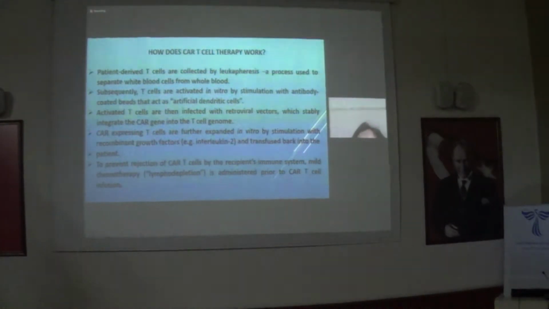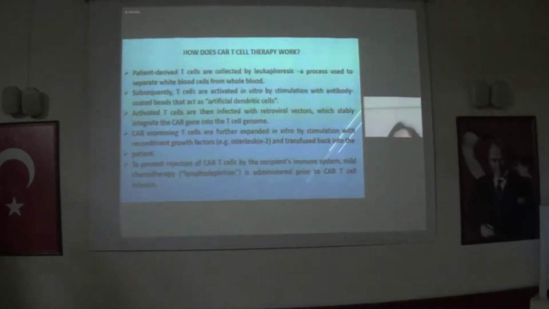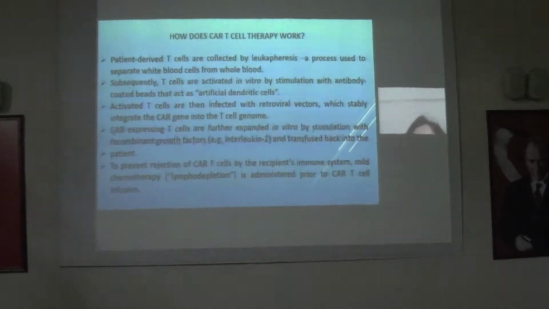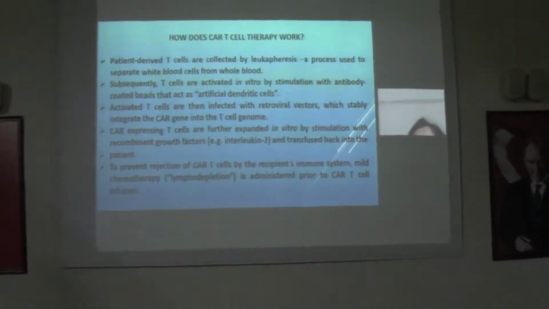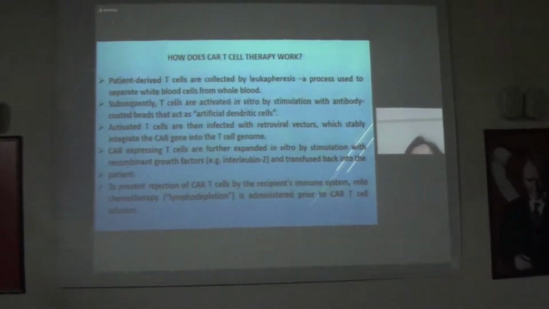This is usually achieved by a differential centrifugation process, and subsequently the T cells are activated in vitro by stimulation with magnetic coated beads that act as an artificial dendritic cell. Activated T cells are then infected with retroviral vectors to integrate the CAR genes into the T cell genome.